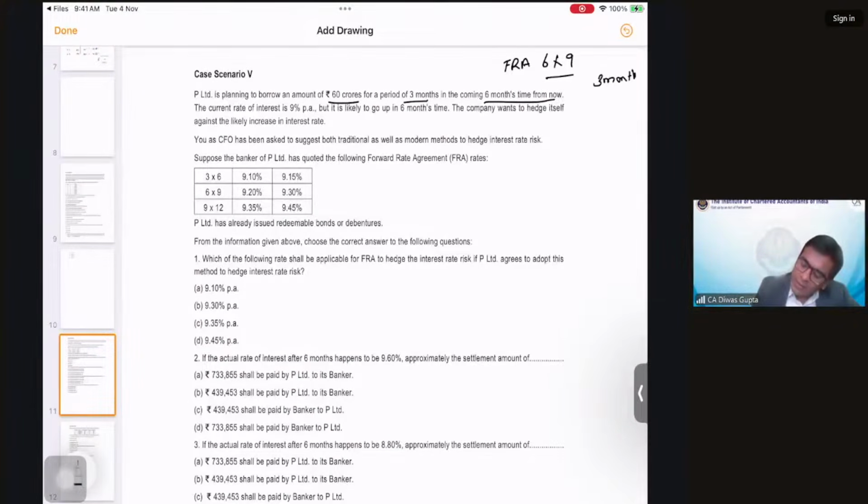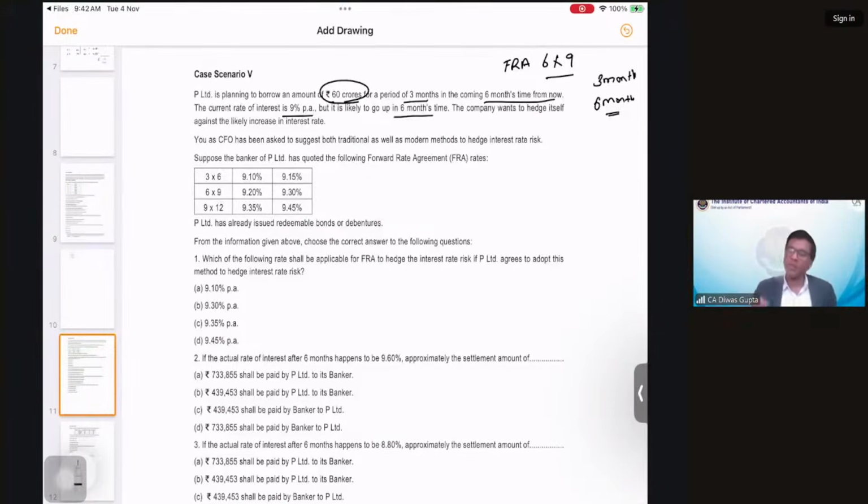After 6 months from now, the borrowing will happen. Notional amount is 60 crore. The current interest rate is 9% per annum. This is the current interest rate quoted, but it is likely to go up in 6 months' time.